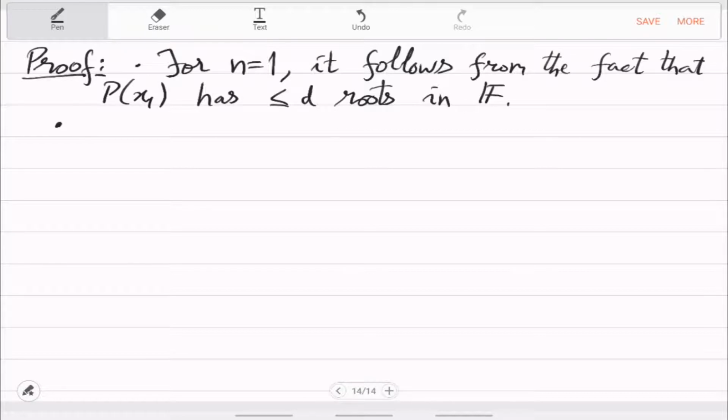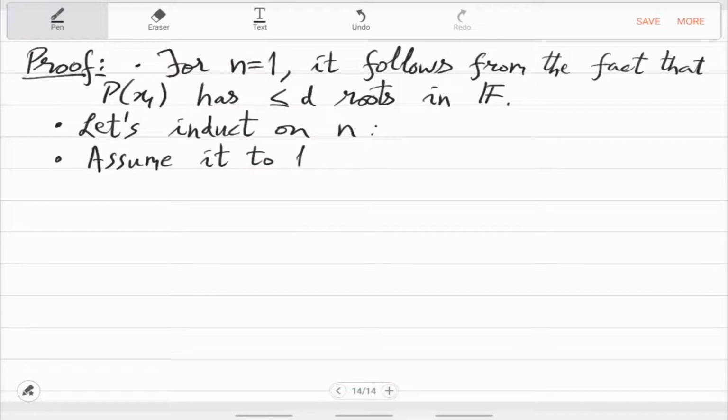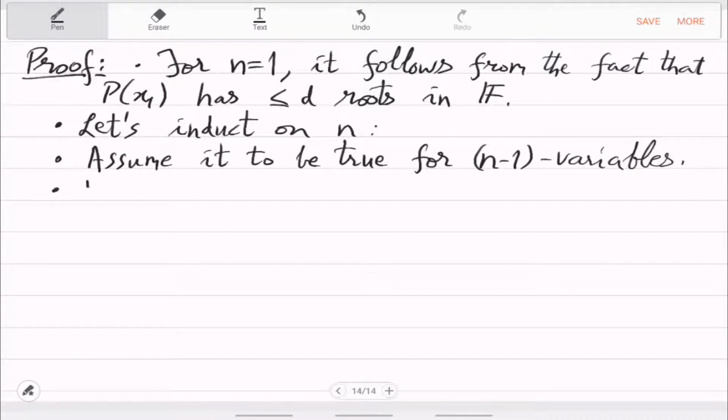Now from n equal to 1 we'll give basically an inductive proof, okay, induction on the number of variables. So let's induct on n. So assume it to be true for n minus 1 variables. So you write P in terms of xn.